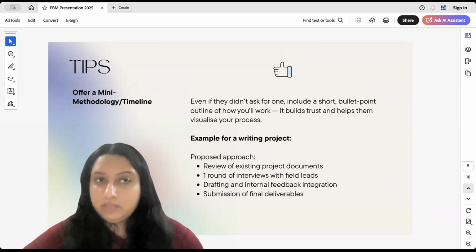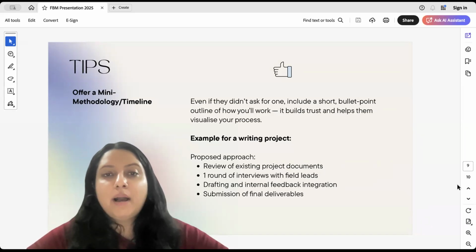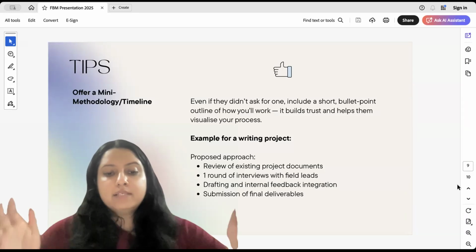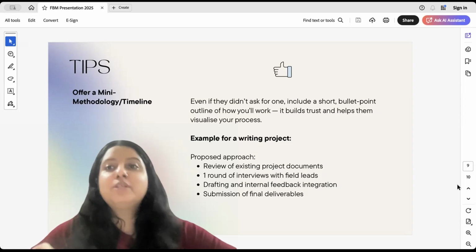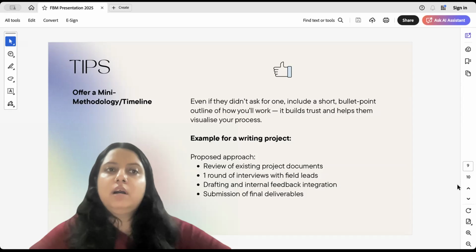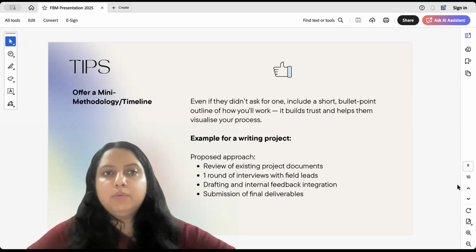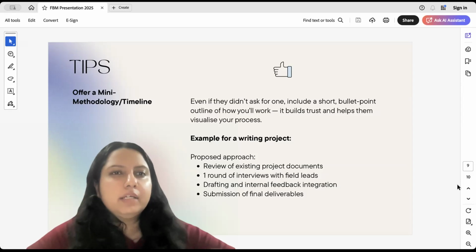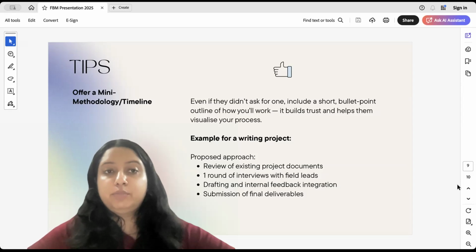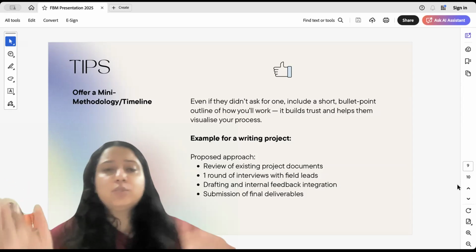These are all the tips, and this is all I had to offer you about writing a freelance proposal. I think one last thing before I wrap this up that I definitely want to mention. A lot of the times, freelancers, especially when you're writing a proposal for the first time, are worried about how they should format it, if it should be fancy, if it should be colored, if it should be a presentation, if it should be a deck, if it should be a Word doc, PDF, and so on.